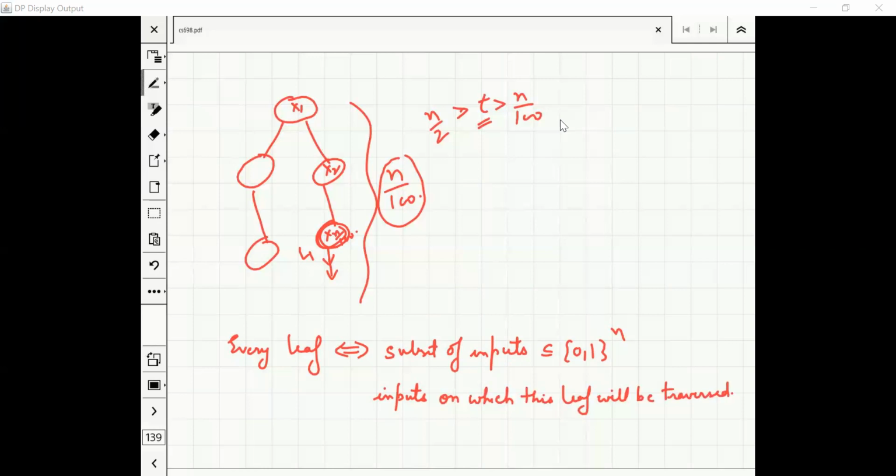So case 1 would be when t is greater than n by 200. I should say t is greater than n by 50.